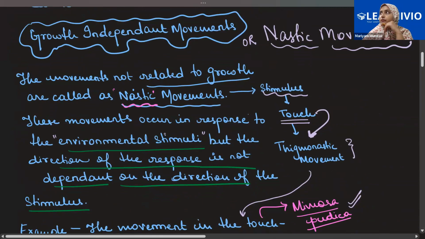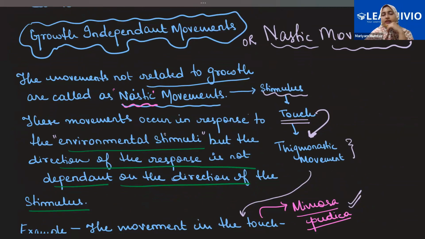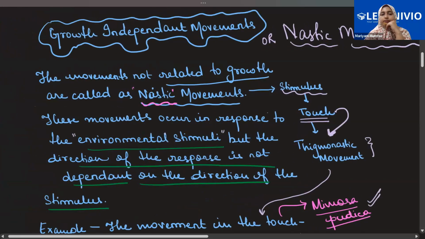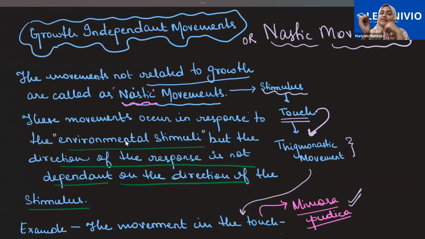All right. So today we're going to talk about the growth independent movements. The other name that you can refer to growth independent movement is the nastic movements. Now here, why is it called the growth independent movement? It's because once the stimulus has been provided, we know that whenever a stimulus is provided, there is a certain direction of the stimulus, isn't it?